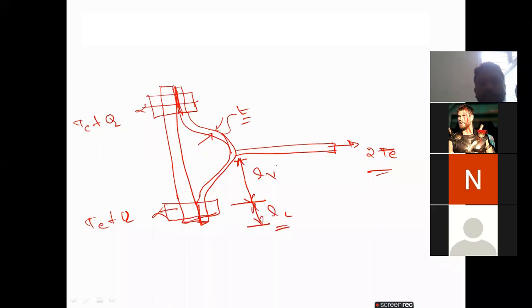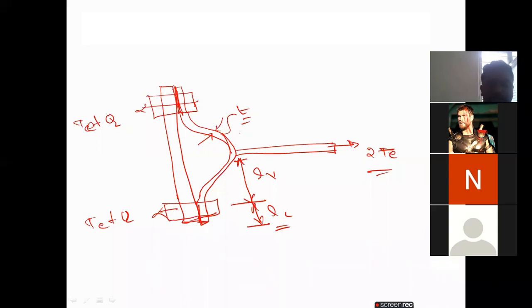Okay, these are the parameters. TE is the tensile force and Q is the prying force. We consider a plate, and along with the plate, we consider the prying force. Okay, this is the most important thing. Now I will tell you what is LV and what is LC, and everything I will write.